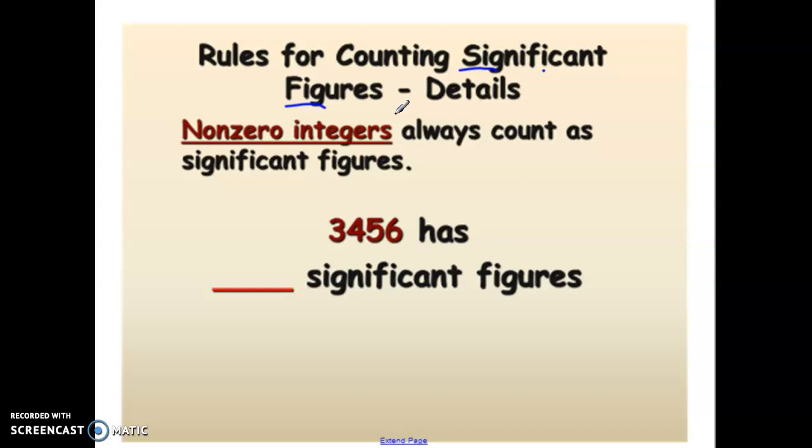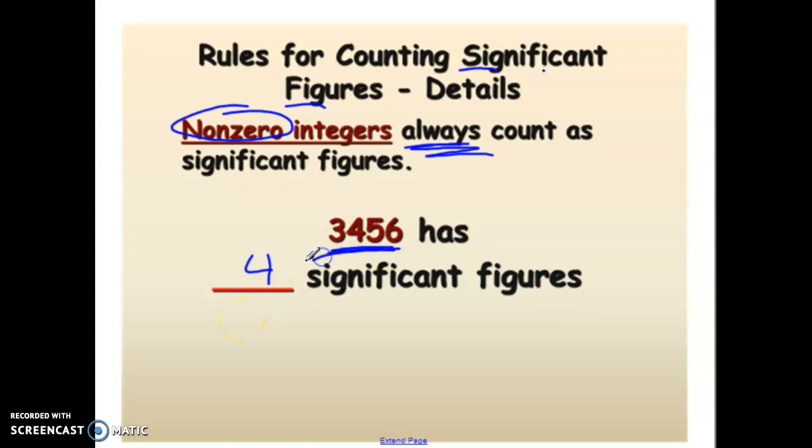First thing we need to do is learn what a significant figure or a significant digit is. First, let's talk about numbers that are not zero. Non-zero integers: any number that is not a zero is always significant. For example, 3,456 has 4 significant figures or significant digits.